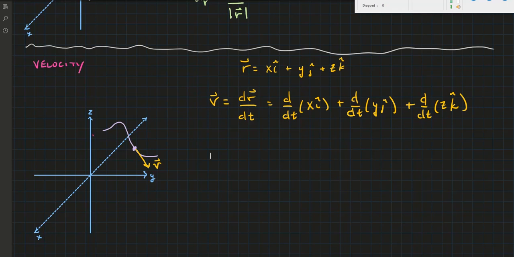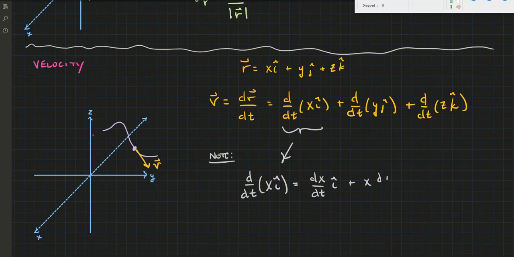But notice that if we just look at one component, for example, the derivative with respect to t of x i equals what? It equals the derivative of x with respect to t times i plus, using the product rule, x times the derivative of i with respect to t.